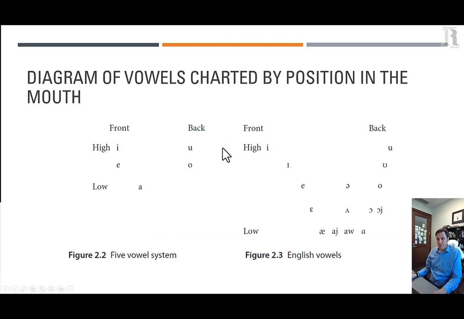Okay, this is enough for one lecture. I hope this has been helpful to you. It's a lot of technical information, but it's trying to tell you how the International Phonetic Alphabet works, how it is that there can be one unique symbol for every possible sound that the human mouth can make.